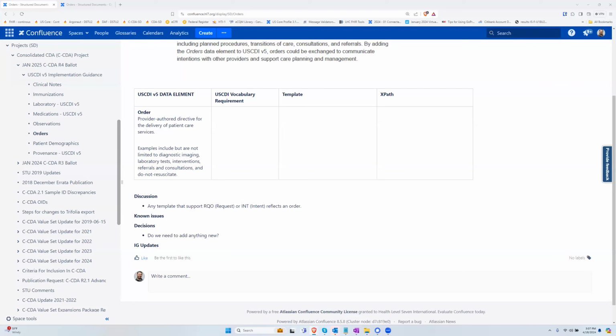I ordered a referral, or I'm transferring a patient with admission orders attached. Those kinds of things can be exchanged and express the provider's intent for follow-on care. It's a concept that doesn't really exist currently in USCDI, the provider intent piece.